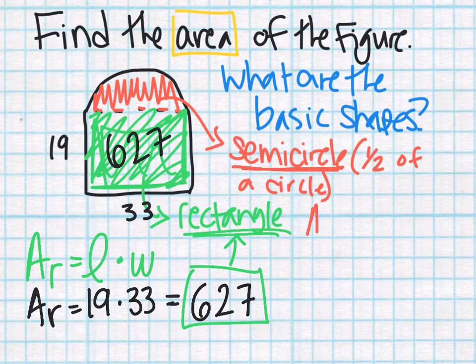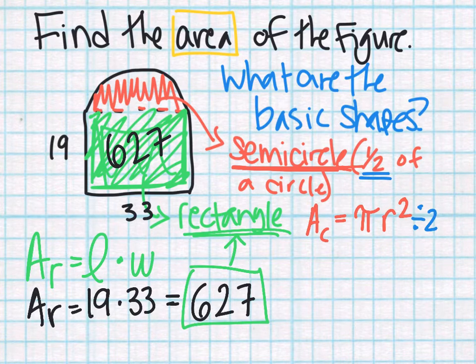So the area for a circle is pi times the radius squared. But we know that this is a semicircle, so at the end we're going to have to divide it by 2 because it's half of a circle.